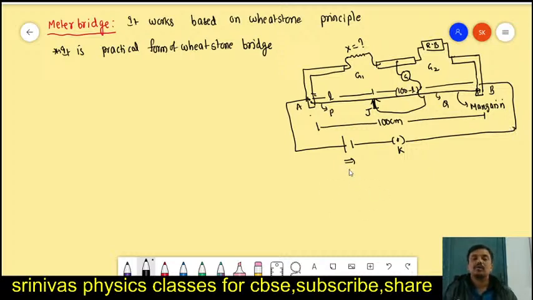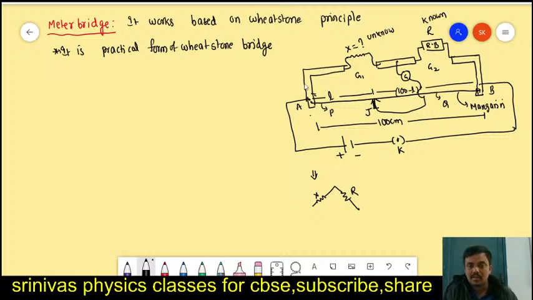Now you have to see here, this is exactly equivalent to the Wheatstone bridge. How is it equivalent? I will tell. This is X resistance, and next X is connected to the resistance box, that is R, the known resistance. This side is unknown and this right side is known.